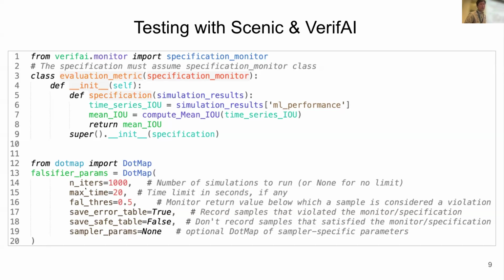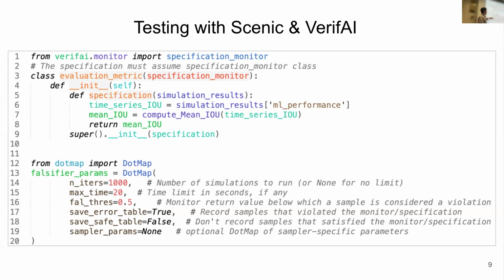And then there are other parameters that you can also define in VerifAI, things like how many simulations you want to run, and how long each scenario should be. In this case, we set it to 20 seconds. What is a failure threshold, in case you want to convert this quantitative result into booleans?